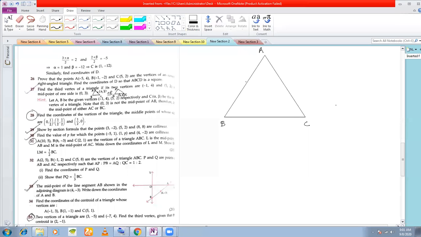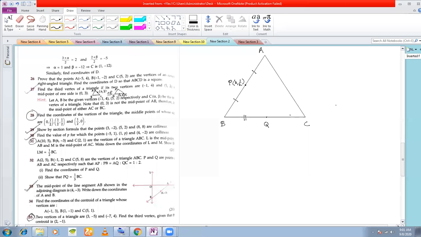Let us say that P is one middle point, here. The coordinates of this are given to be (0, 1/2). Next, Q, say another, the midpoint of BC. So these two are equal. If P is the midpoint, these two are equal.